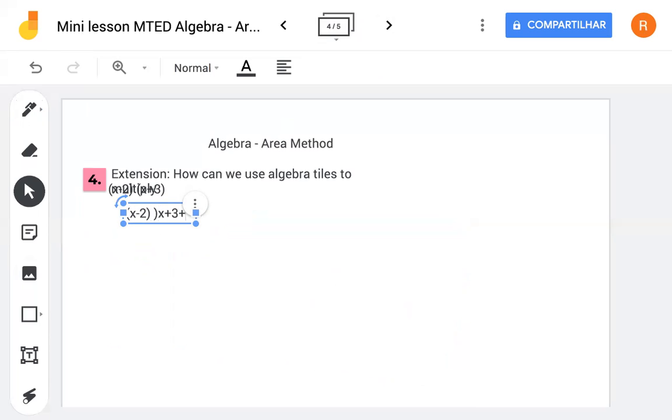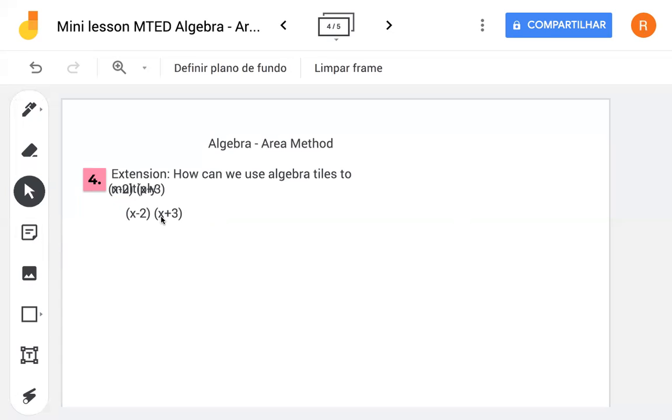So let's do this multiplication here. I have x minus 2 times x plus 3.